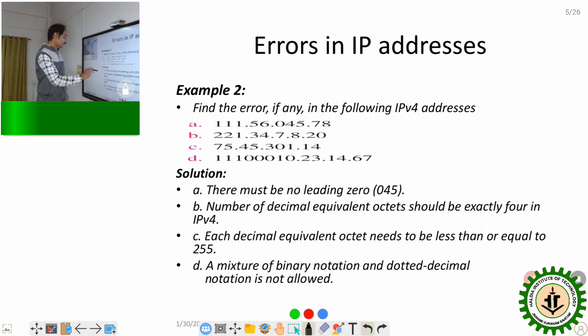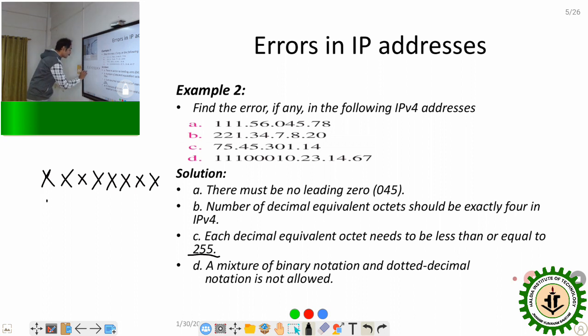For the third one, the clarification is that each decimal equivalent octet needs to be less than or equal to 255. And why is it so? Because if we consider any 8 bits, the maximum binary number we can represent with 8 bits is eight ones, which is equivalent to 255.